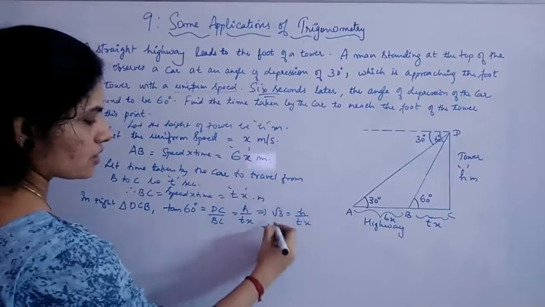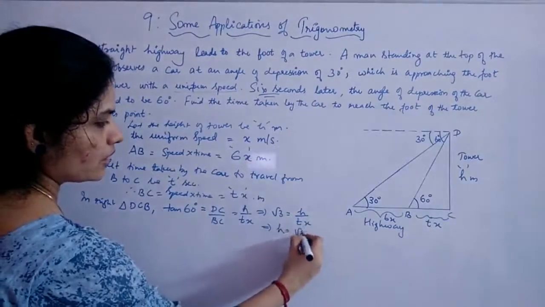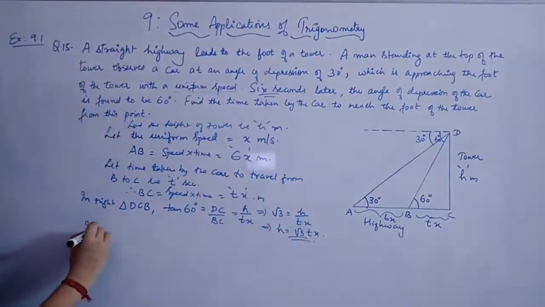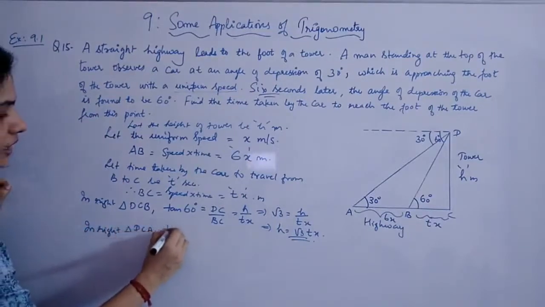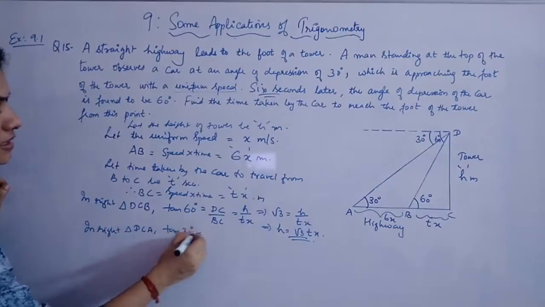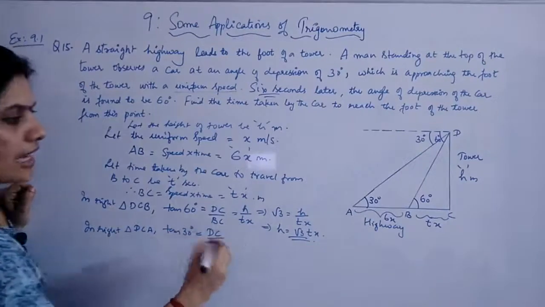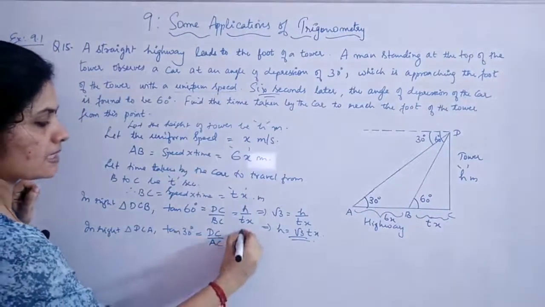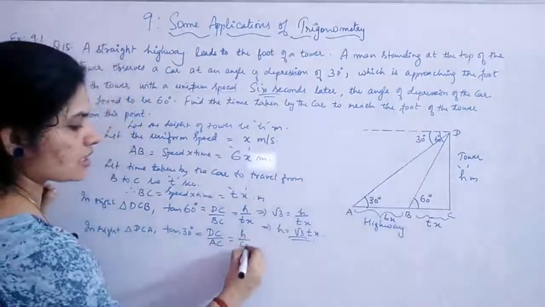Or we can get the value of h here, which is root 3 tx. Let it be there. Now we will go for the other triangle, which is triangle DCA. Here tan 30 degree will be considered, which is equal to the opposite side, DC, by the adjacent side, AC. DC is h. What is AC? This plus this, that is 6x plus tx.